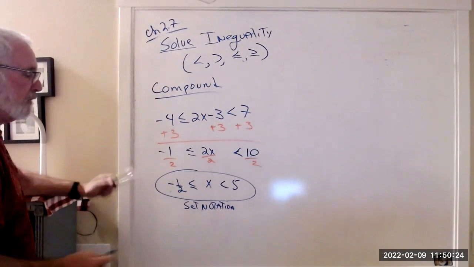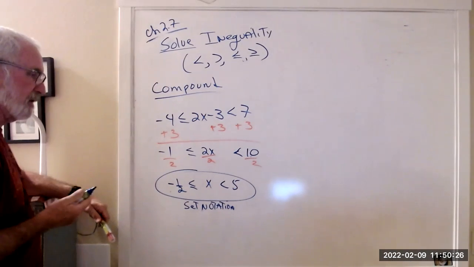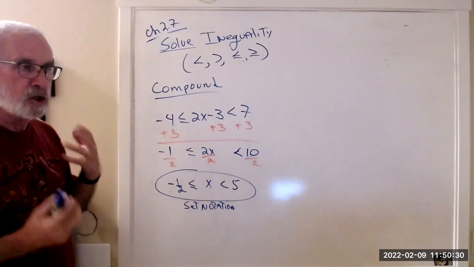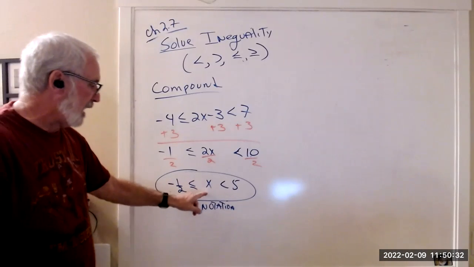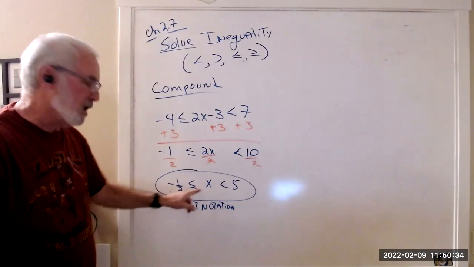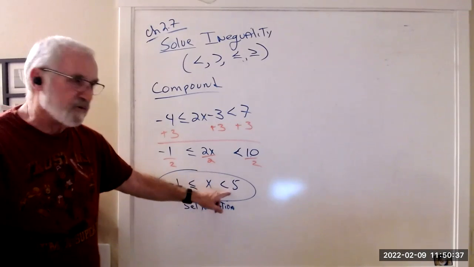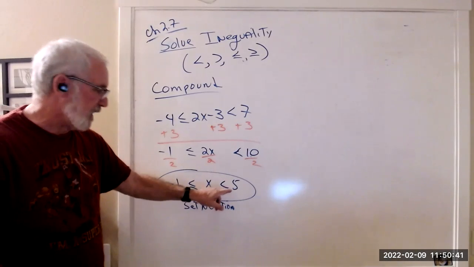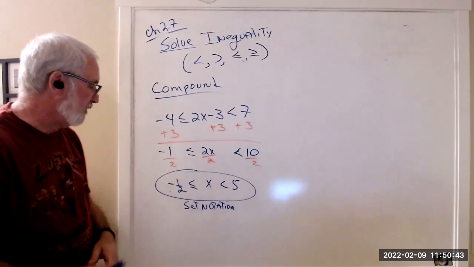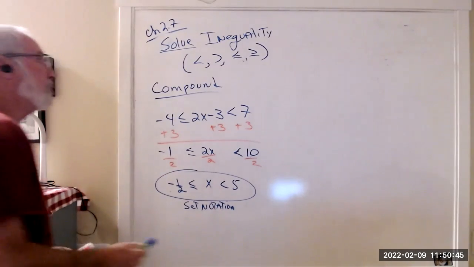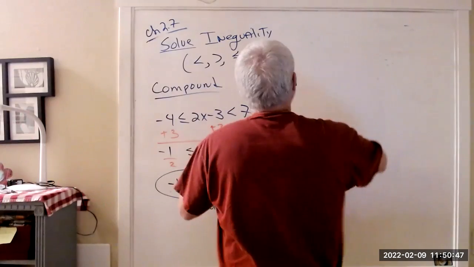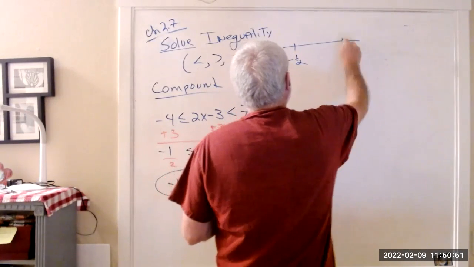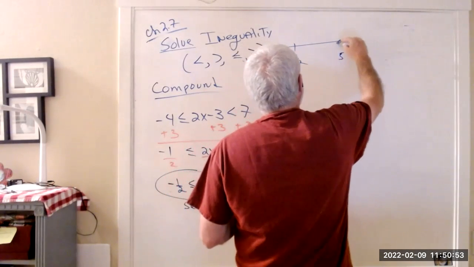If we wanted to graph it, look at what it's trying to tell us. It's literally saying x is in between -1/2 and 5. So if we graph that, we would shade.